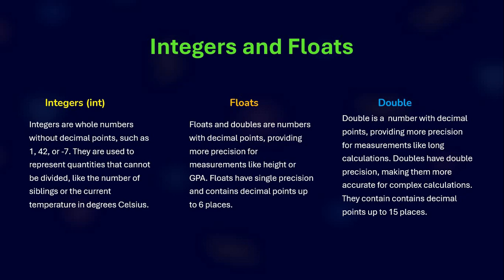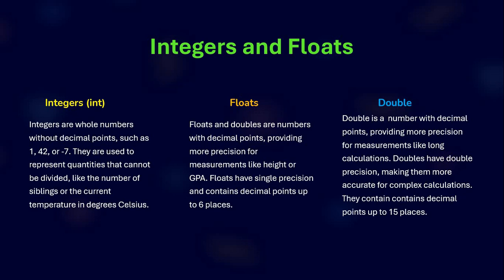Yes. So if you want the number of people in a room, we can't divide human beings into two and have 1.2 people. No, we have one, two, or three people, 42 people. Yes. So things that cannot be divided, we use integers for them instead.